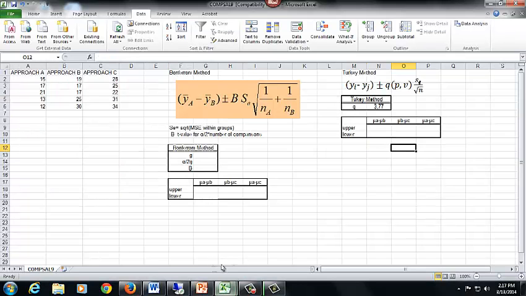The second example that we're going to do is using the data set Comp Sales 9. Now, this example is going to go into a little bit more depth.